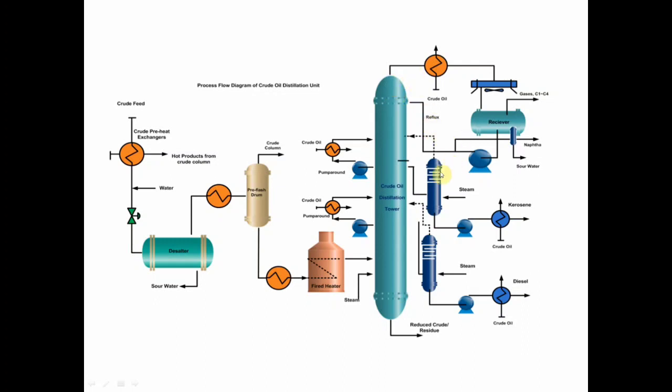Now stabilized naphtha is further heated at 140 degrees Celsius. And light naphtha and heavy naphtha are extracted from the top and the bottom. So this is again heated, and two products are extracted from that, that is light naphtha and heavy naphtha.